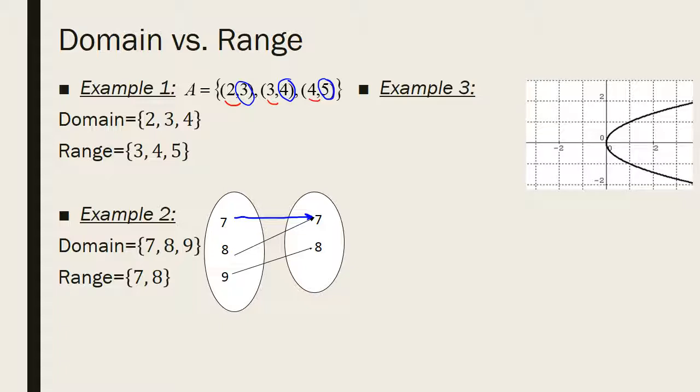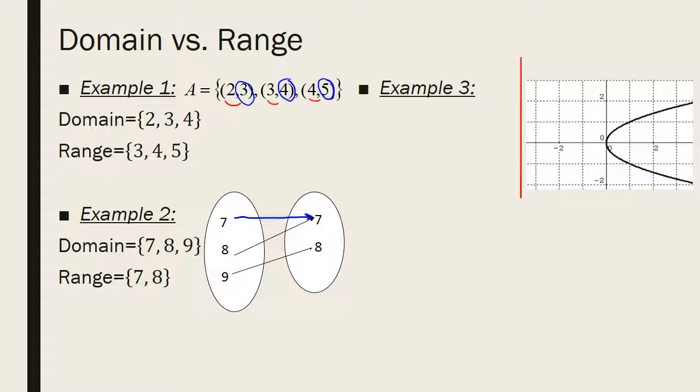To identify the domain for a function represented in a graph, I'm going to use a vertical line. And imagine that this vertical line is going through the x-axis and identify the x values that belong to the graph. So let's start.